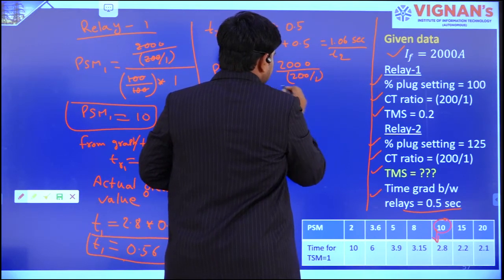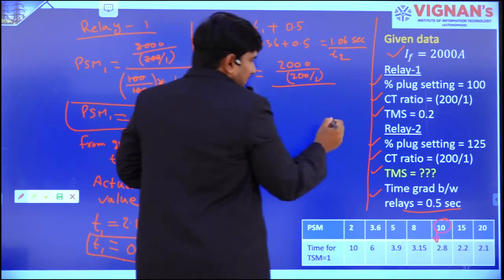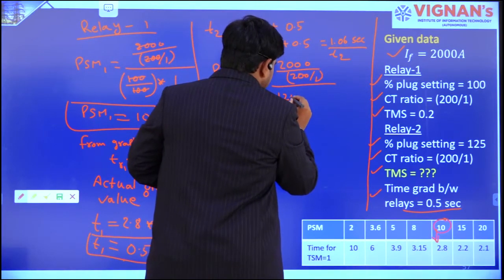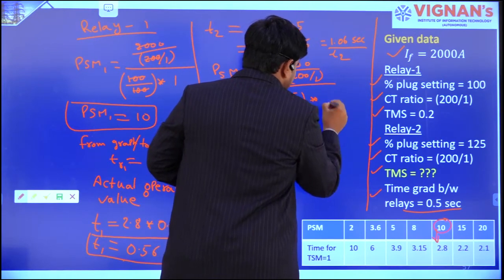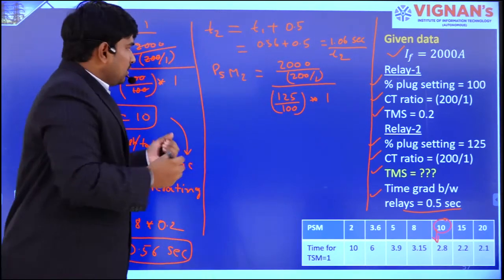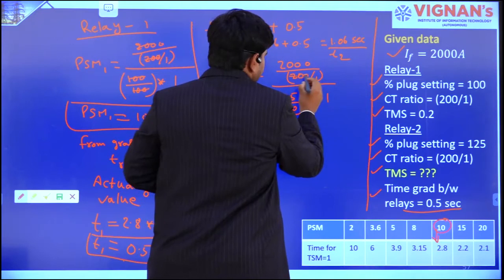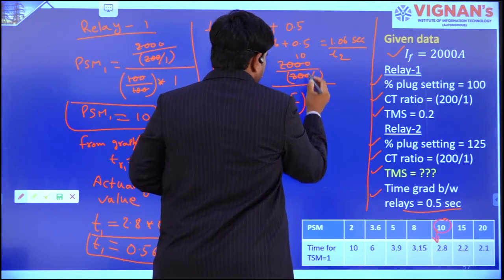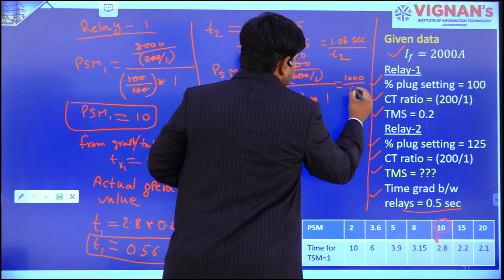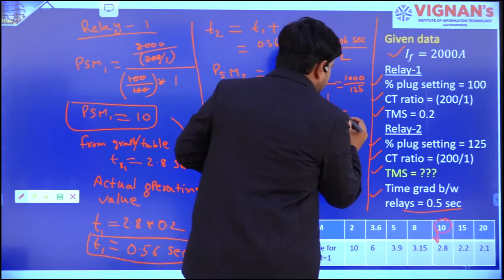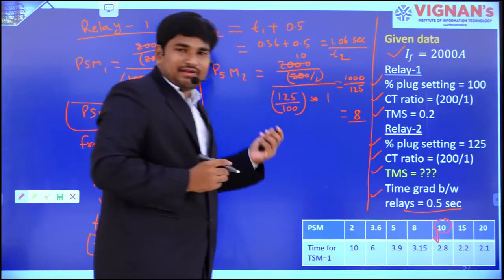Fault current divided by CT ratio, and the plug setting, the percentage of plug setting into the CT secondary current, that is 1 ampere. So this becomes 10. Again 1000 by 125, I will get a plug setting multiplier value of 8.